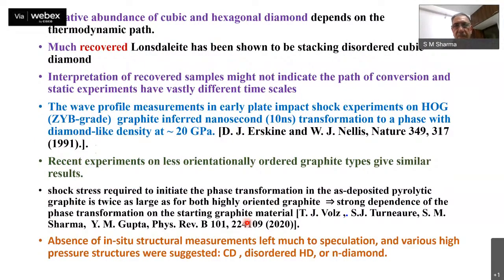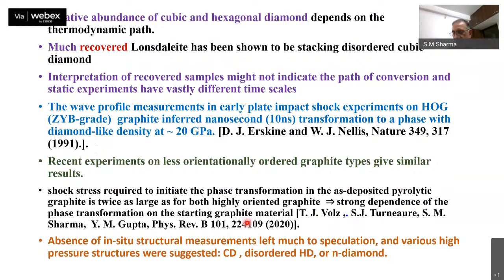More experiments under static compression established that the relative abundance of cubic and hexagonal diamond also depends on the thermodynamic path to which it is subjected.